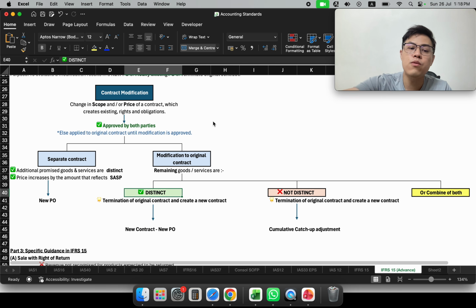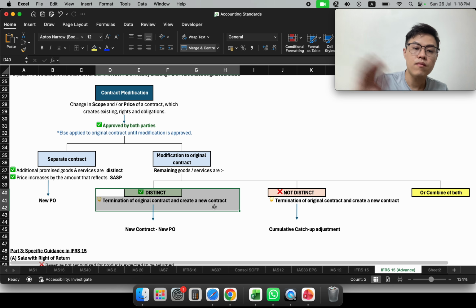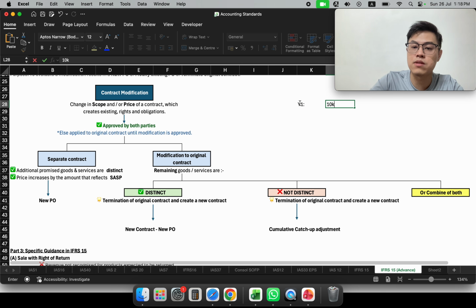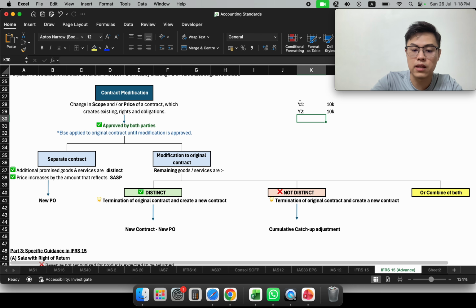So I would like to give you one example on this. For example, if you sign a cleaning services contract, and in this cleaning services contract in year 1 you need to pay 10,000, in year 2 is 10,000, in year 3 is 10,000.